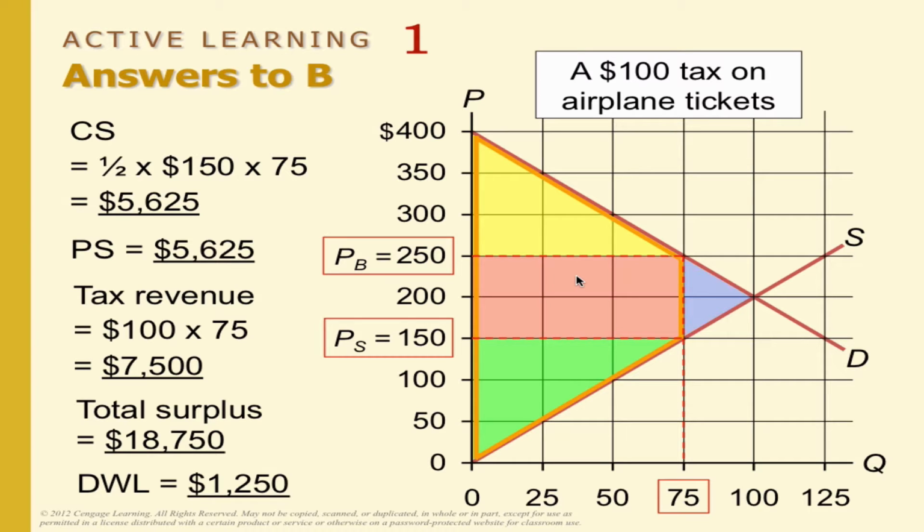Deadweight loss 1,250. Everybody follow that? It's basic math. What was our total surplus without the tax? Subtract the new total surplus. Okay? Lovely?